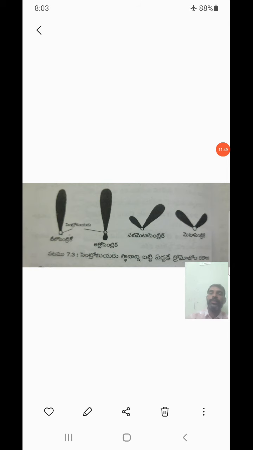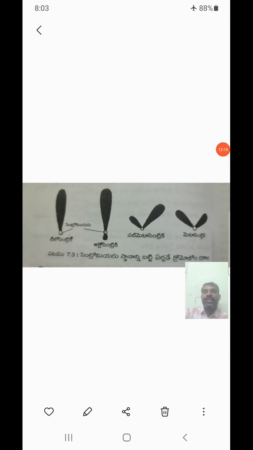Based on centromere location, the chromosomes are again classified into four types: metacentric, submetacentric, acrocentric and telocentric. Metacentric means the chromosome arms are equal in size and the centromere is located in the center; this type of chromosome looks like a V-shaped structure.